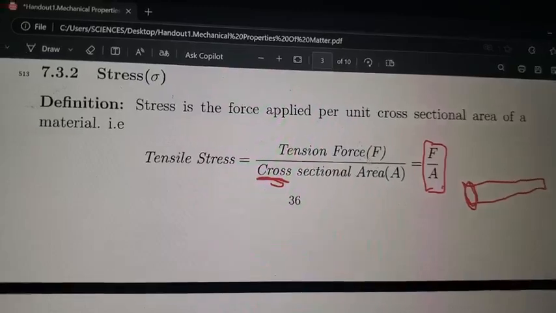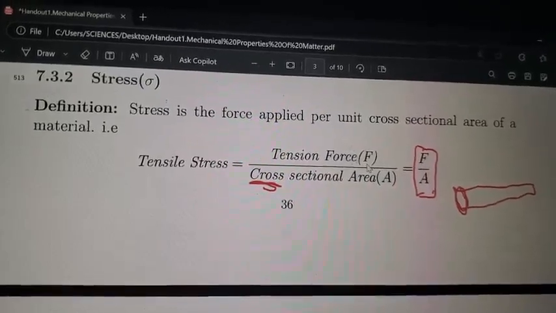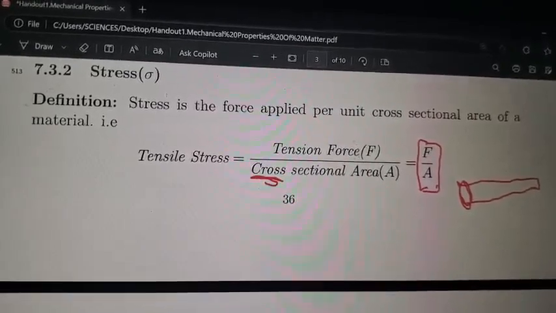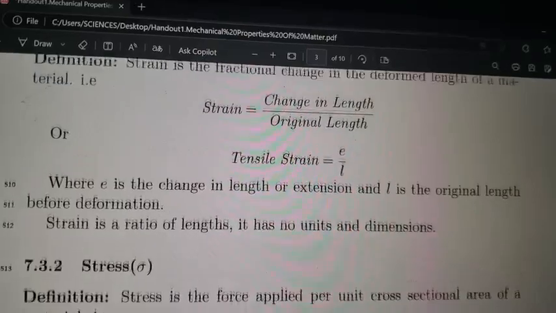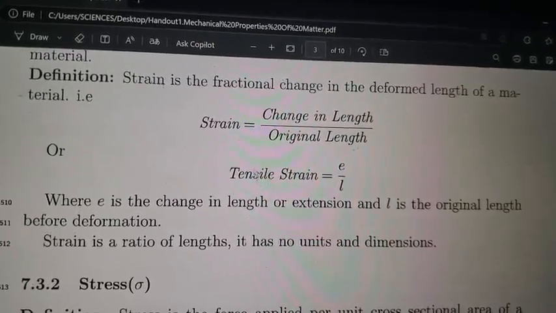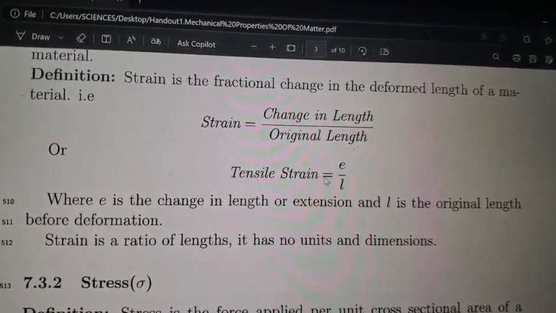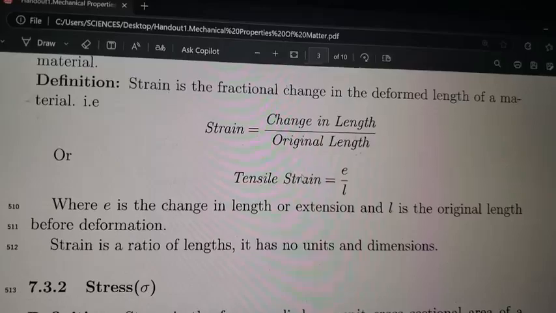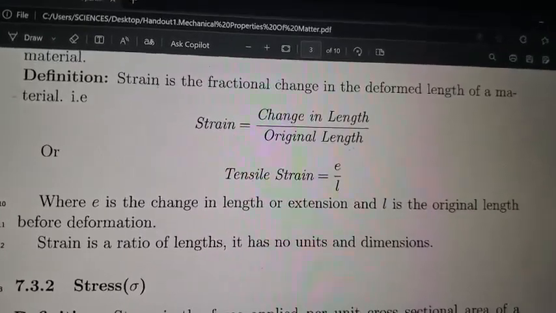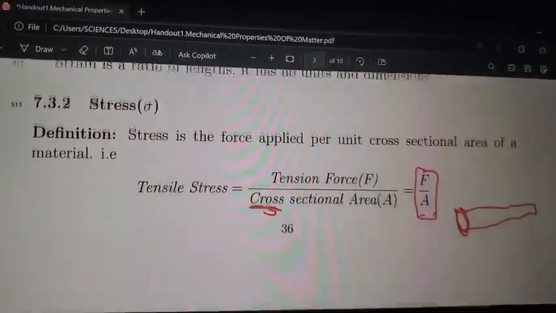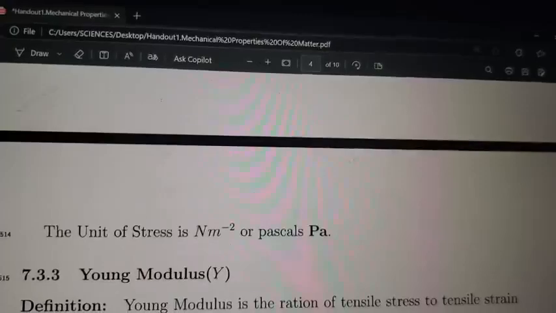If it is a tensional force, then we refer to that type of stress as a tensile stress. The same thing with strain. Tensile strain is a strain which is due to force of tension, while compressive strain is a strain due to force of compression. So we shall be talking about only tensile strain and tensile stress.